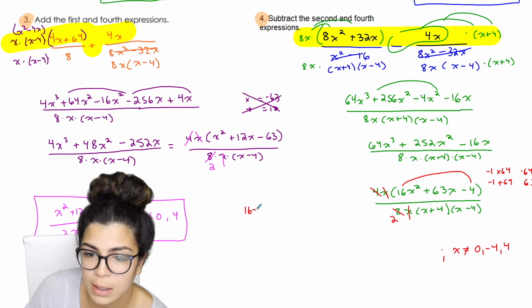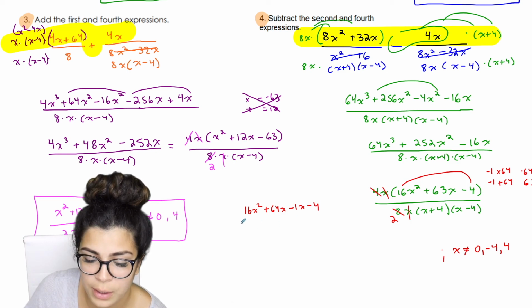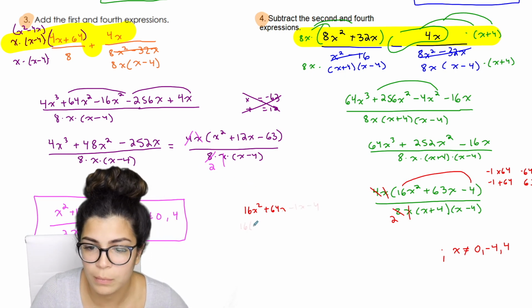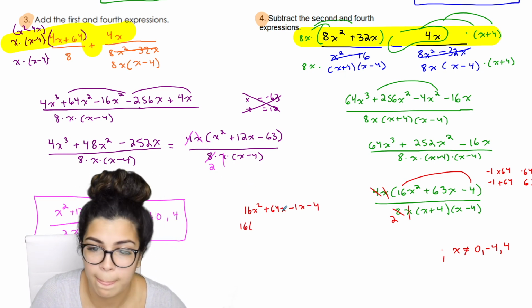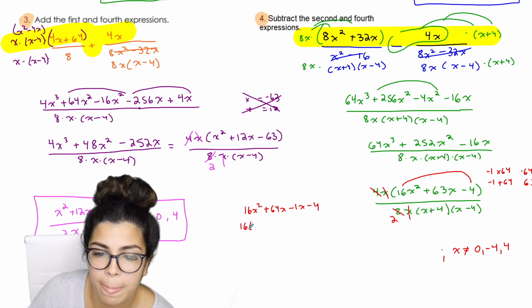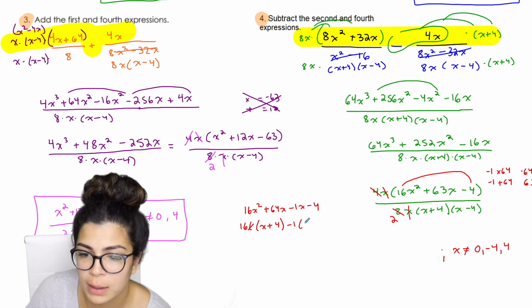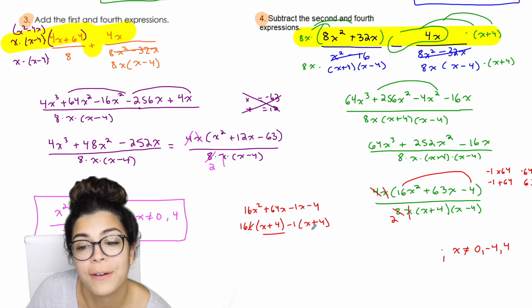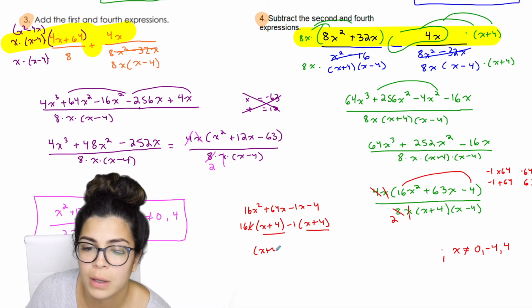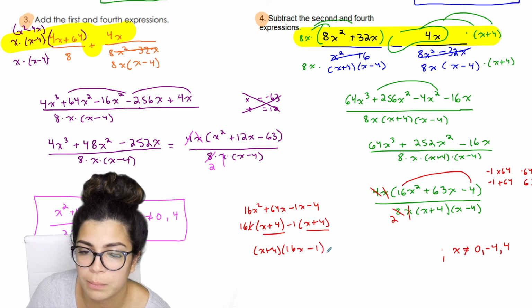So we have 16x squared plus 64x minus 1x minus 4. So factoring out 16, here we get 16x. We get x plus 4, and we can factor out here negative 1, and that will give us x plus 4, and then we can factor out x plus 4, which on this term would give us 16x, and on this term would be negative 1.